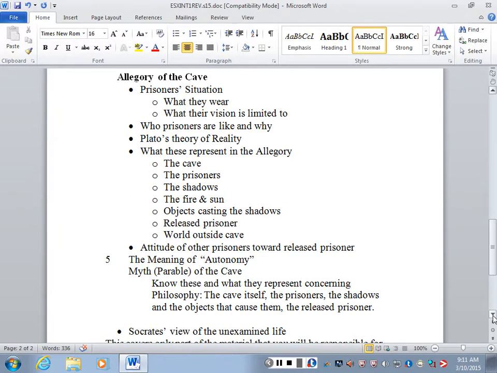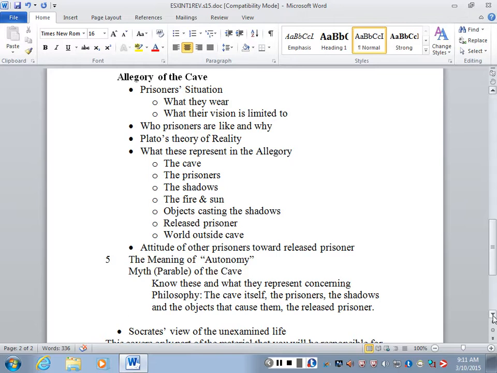And so I guess the fire and the sun would be, it's hard to do the contemporary interpretation and make everything mean something. But the objects casting the shadows, I guess, would be more true beliefs.